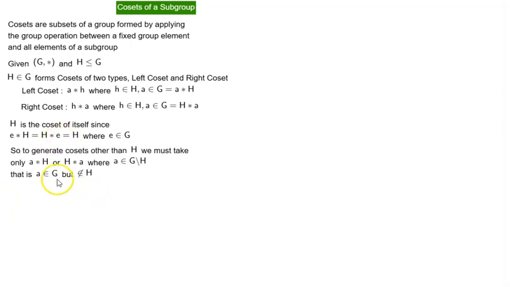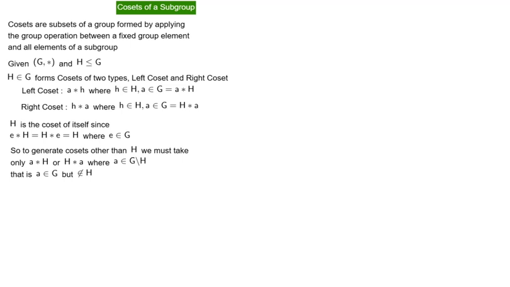So to generate cosets other than H, because H we already have as a subgroup and it is a coset of itself, we must take only aH or Ha, where a is in G backslash H. What this means is that a is in G, but not in H.